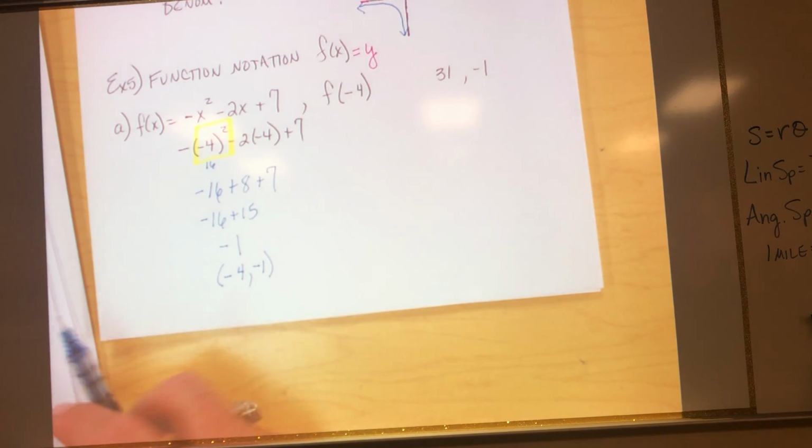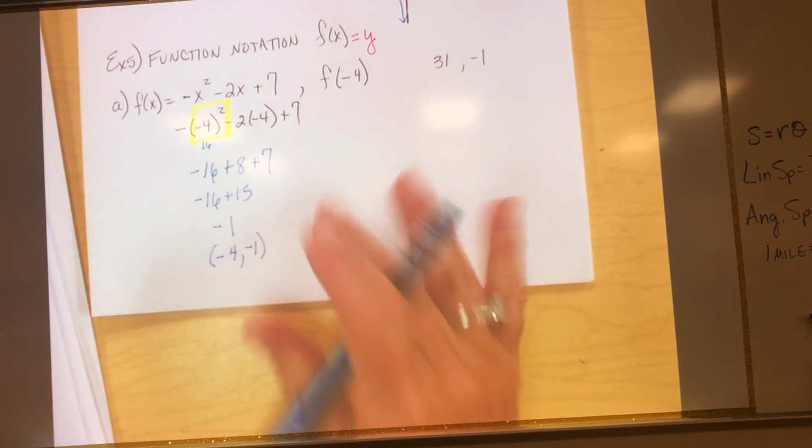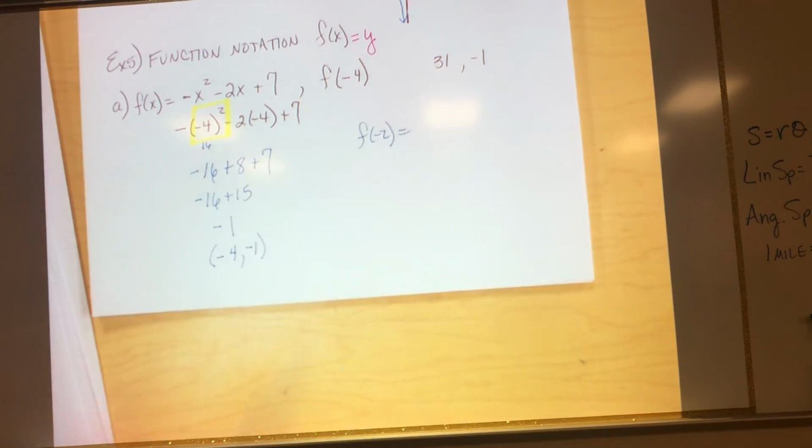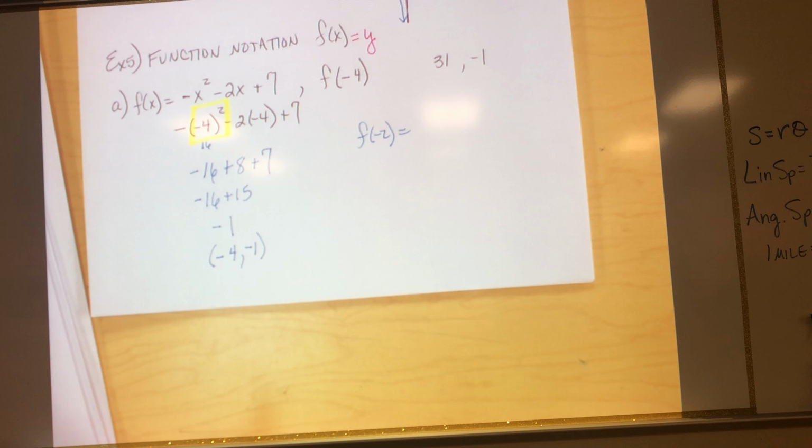All right, is everybody okay? Do you want to see if you learned your lesson? Then find f of negative 2. I'm going to give you 30 seconds. Slow down there. Come on, people. Let's go.